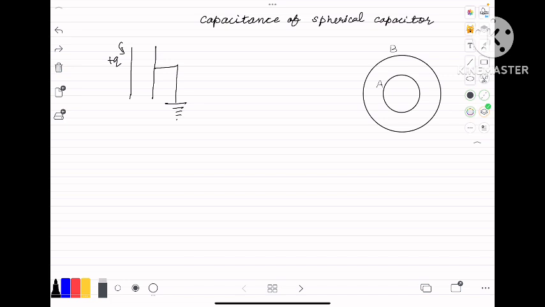In spherical capacitor, we have two concentric spheres.